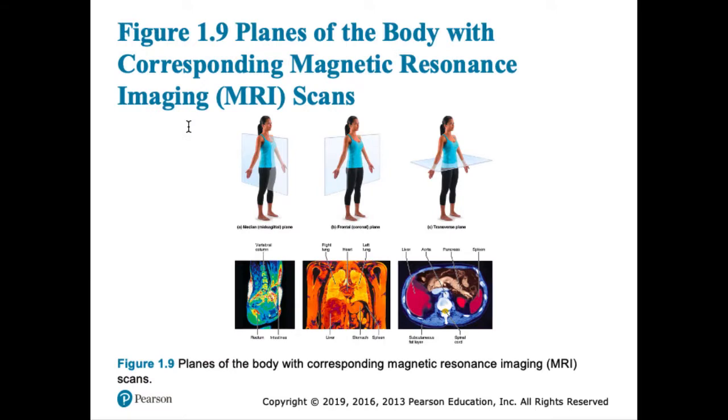So here are some of the cuts or planes of the body, looking at them under magnetic resonance imaging, or MRI scans. Okay, so you can see here, I'm going to start with the frontal. You've got this frontal plane. You see that cut that happens in that frontal area.